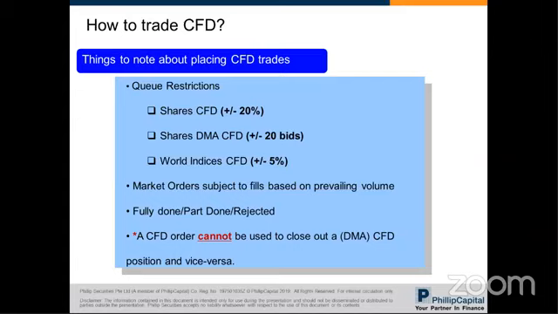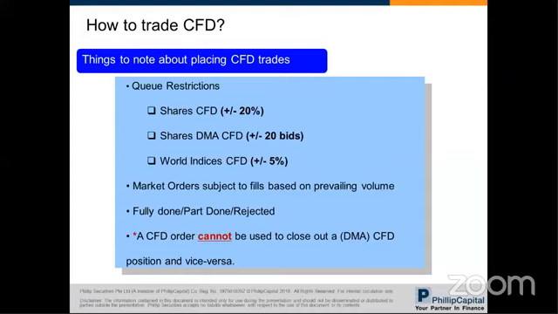Because if you use the DMA CFD to do it, say you long the share CFD, you will subsequently submit a DMA version of the short CFD. In essence, you are taking a share CFD long position, and also another open short position on the DMA version.